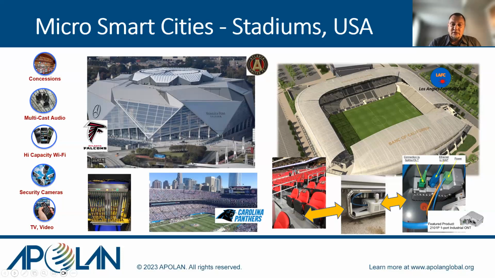Some of those ONTs, as you can see in the illustrations, are deployed under the seats or in the seats in the stadium, and they're used for many services, including security cameras, information panels, Wi-Fi, multicast audio, but also for locating customers for food and beverage, and automating some of the services there. That was the first big project, but there are also other big stadiums which we did, and some of them are illustrated on that slide.